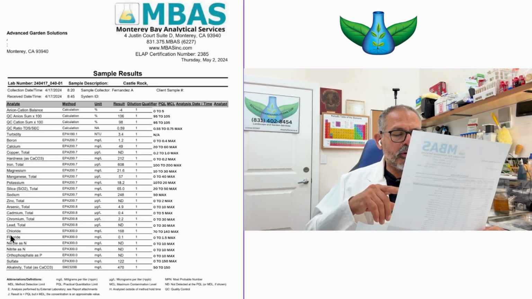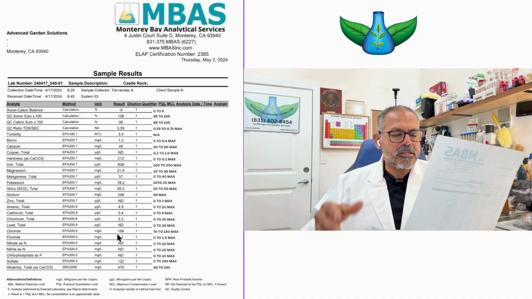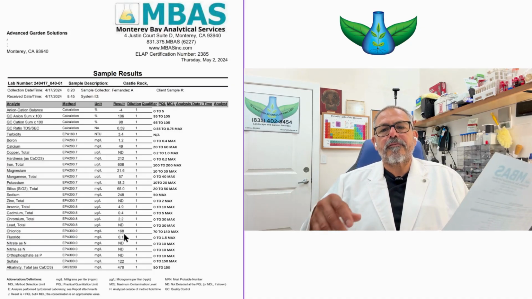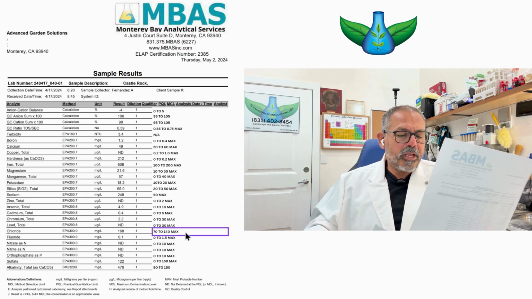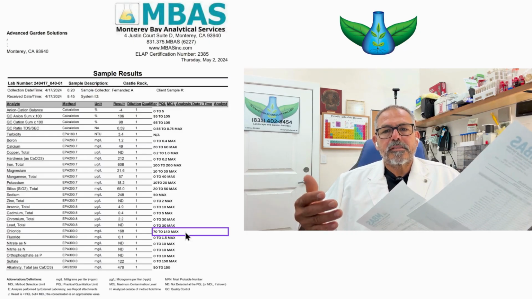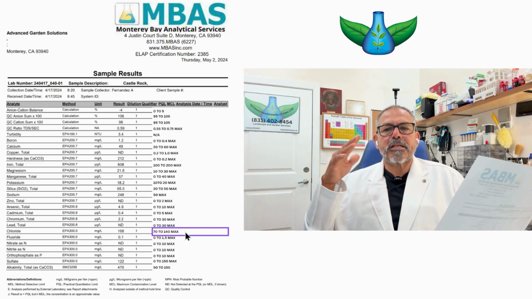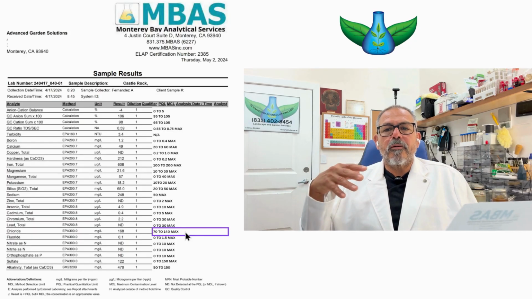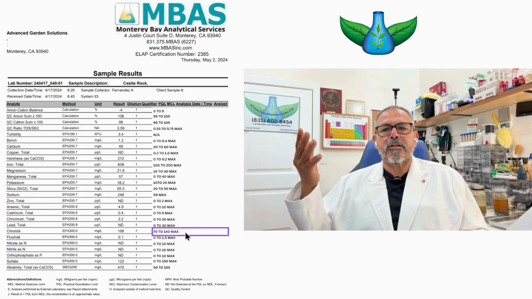We move on to chloride. Chloride or chlorine in small amounts is actually essential for plants. In this case, we have 168 parts per million. Since this is well water, this is not like domestic city water where the water company adds large amounts of chlorine and other chemicals to the water.